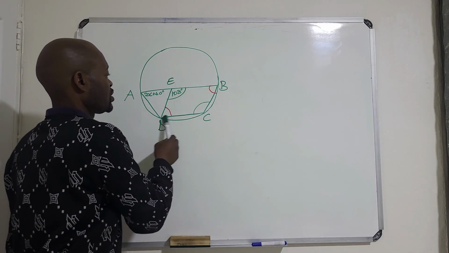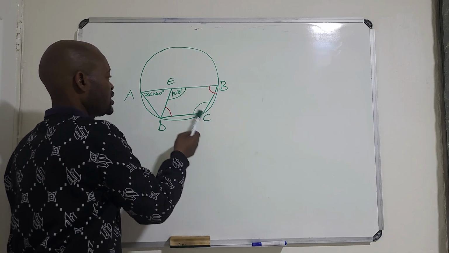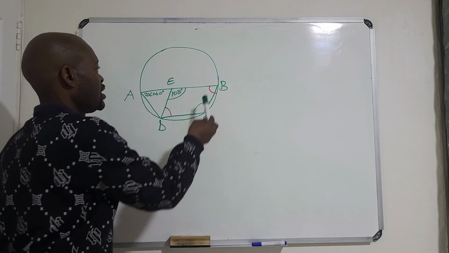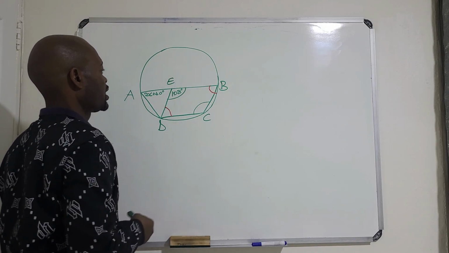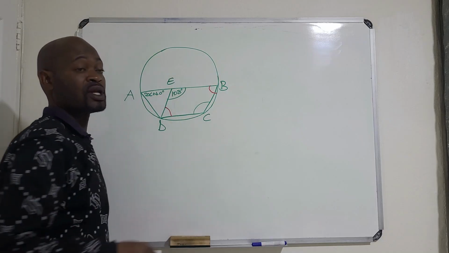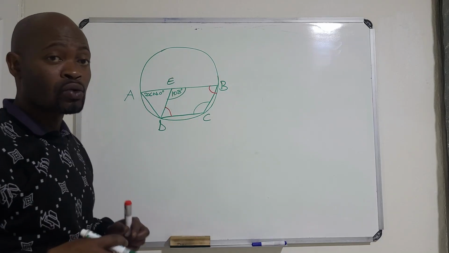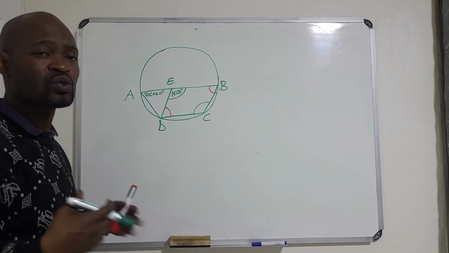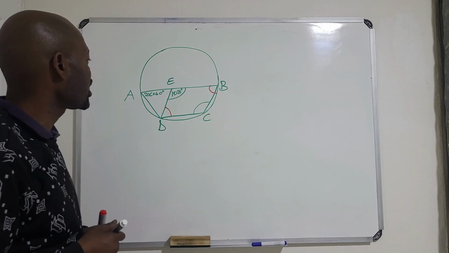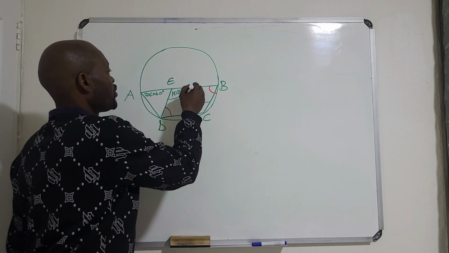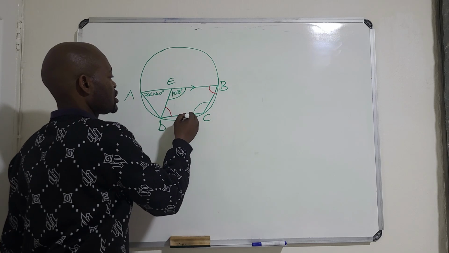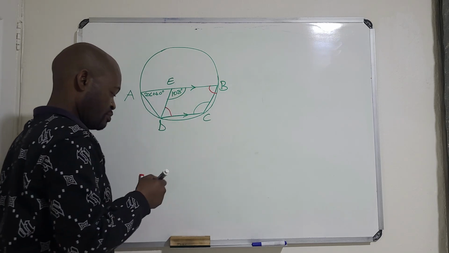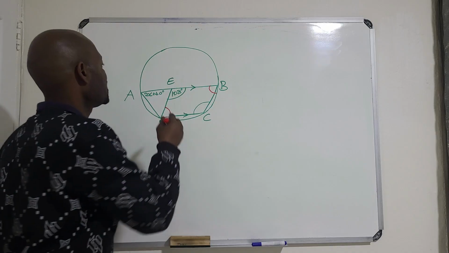Therefore, this side is equal to that side. This side is equal to this side. This angle is equal to that angle. This angle is equal to that angle. We also know that in a parallelogram, because we want all properties of a parallelogram, we've got parallel sides.